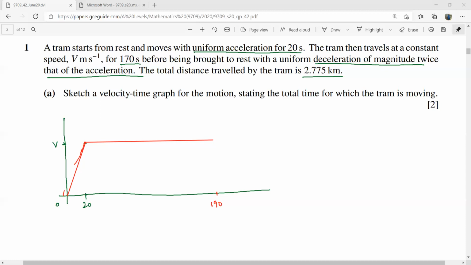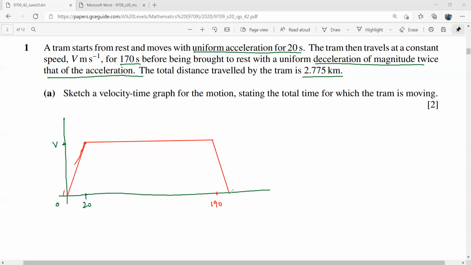Suppose the magnitude of acceleration and the deceleration were the same, then the velocity it gained in 20 seconds would be the same velocity lost in another 20 seconds. Since the deceleration is twice, it would mean that half the time would be taken for this process. So if you join this with this, this would be a steeper line over here.